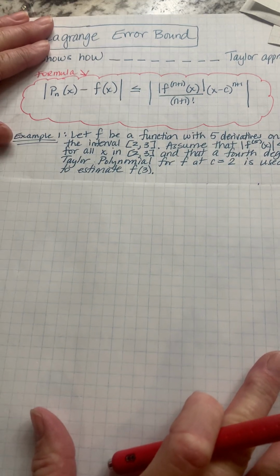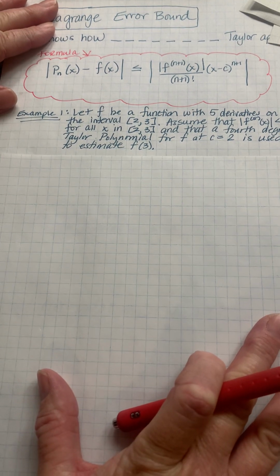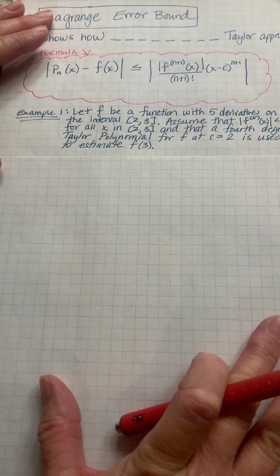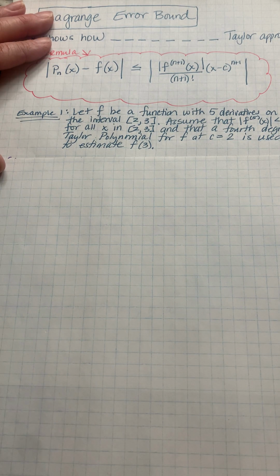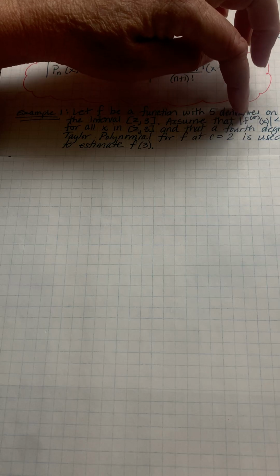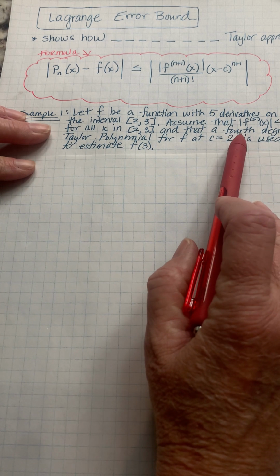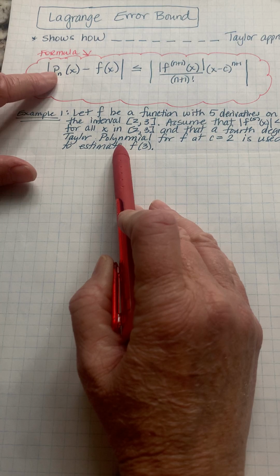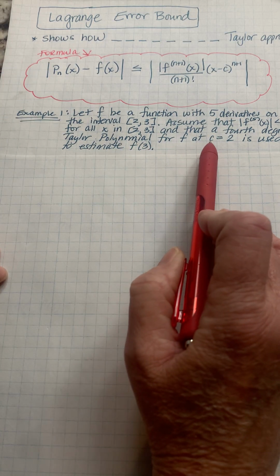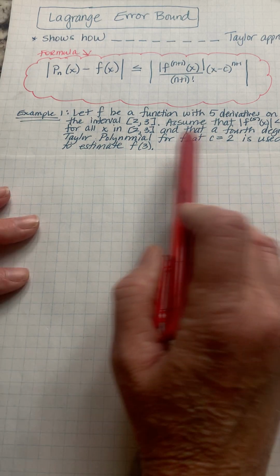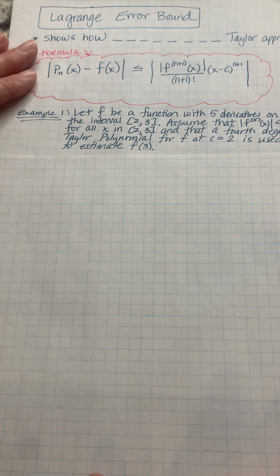So here's example 1. It says, let f be a function with 5 derivatives on the interval from 2 to 3. Assume that the absolute value of the 5th derivative of x is less than 0.2 for all x in the interval 2 to 3, and that a 4th degree Taylor polynomial for f at the center c equals 2 is used to estimate f of 3.